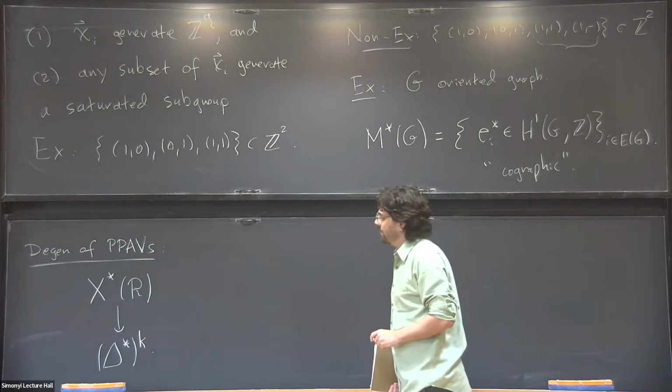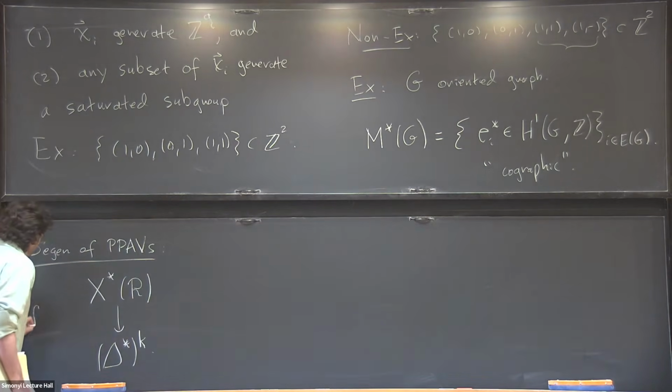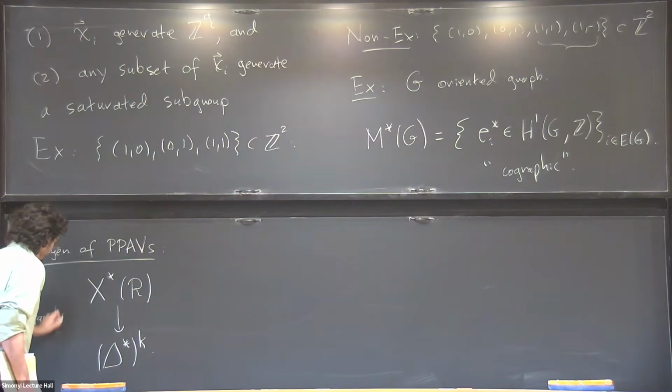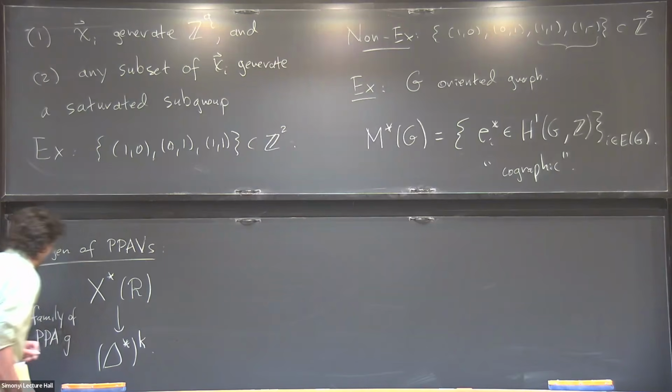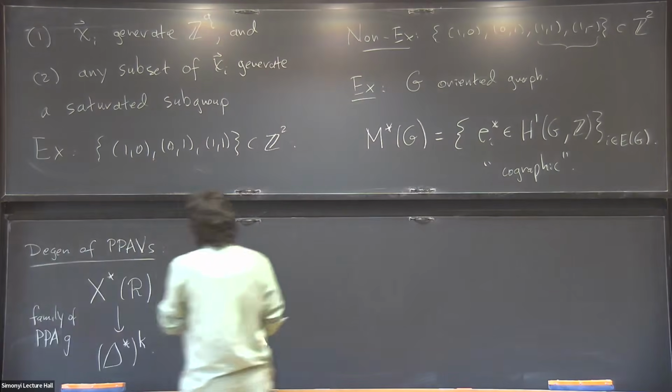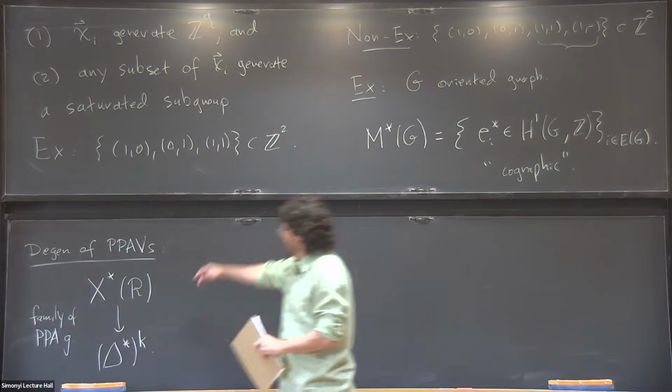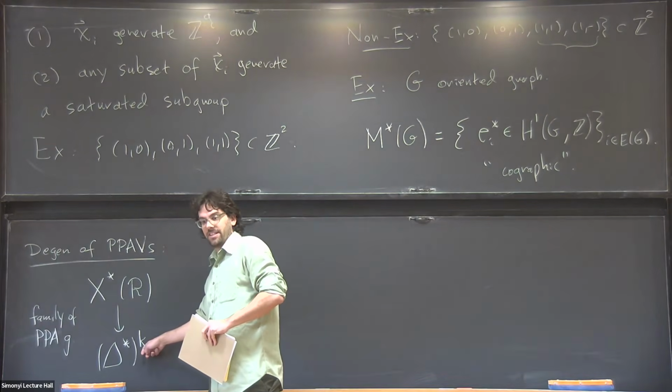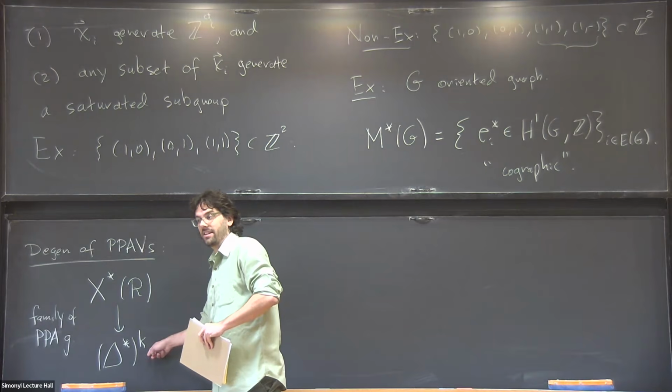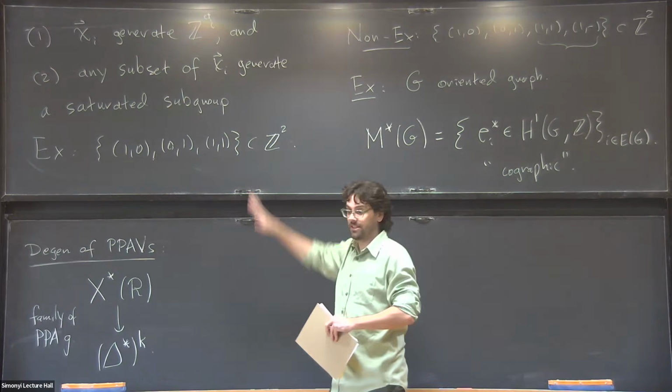So this is going to be a family of principally polarized abelian g-folds, where g is the rank of the matroid, and this k is the number of elements of the matroid. Okay, so that's how g and k relate to the matroid.